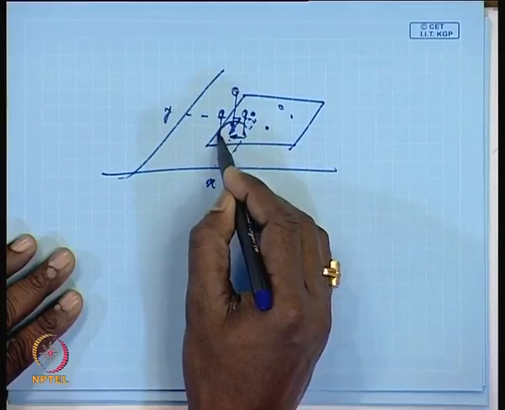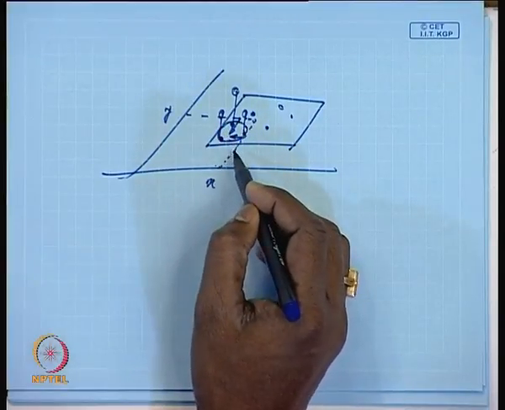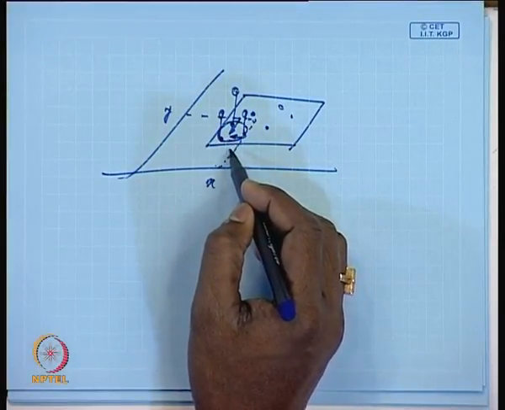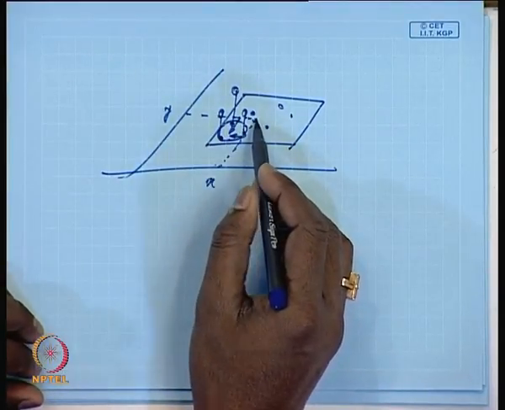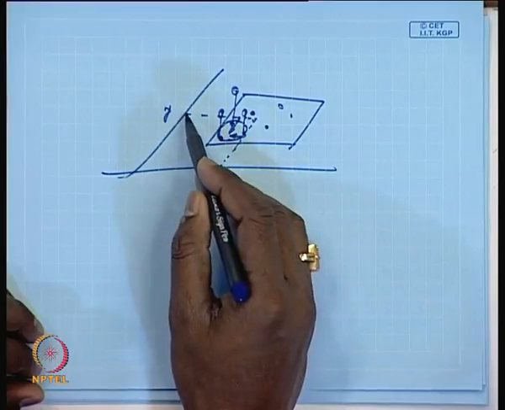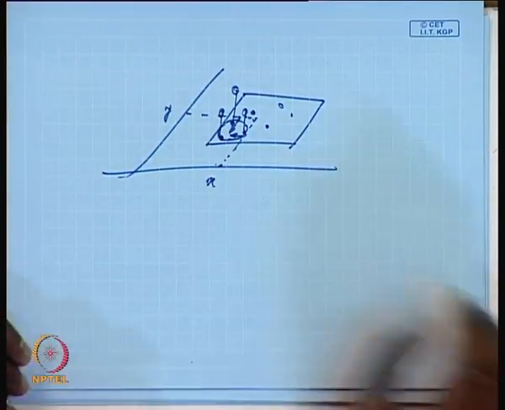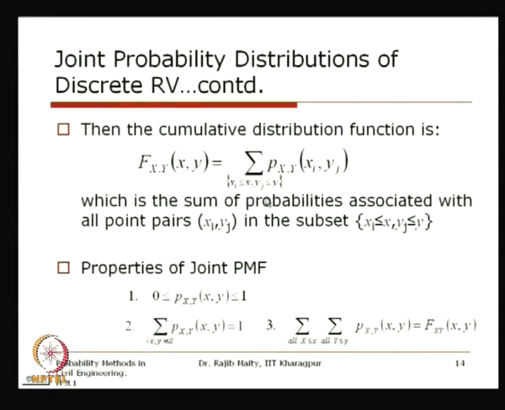So these three probability masses should be added up to get the cumulative distribution up to this range, that is from x and y. As this is the discrete case, we are just adding them up through summations, which is the sum of probabilities associated with all pairs xi, yj in the subset, that is xi less than x and yj less than y.